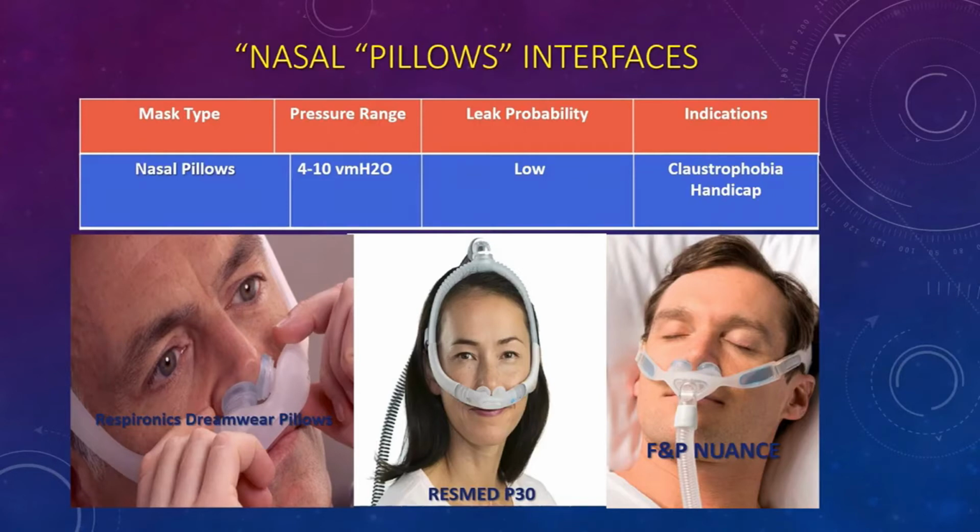With nasal pillows, the pressure range that is effective is 4 to 10, although the newer pillows often state that they can go up to 15 without leaks. Probability of leaks is low depending upon pressure, and their indications are for low pressure patients, patients that want comfort, patients that have claustrophobia, or patients that are handicapped in their ability to put them on with a single hand.